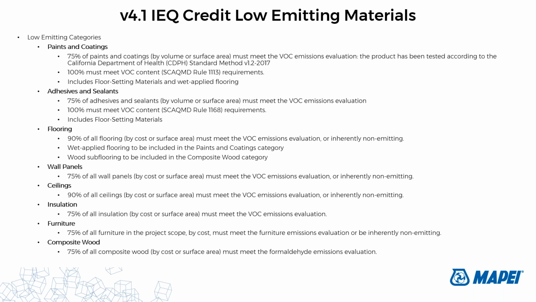In this category, 90% of flooring should either be inherently non-emitting or show that the product has been tested according to the California Department of Health CDPH standard method version 1.2-2017. What does inherently non-emitting mean?